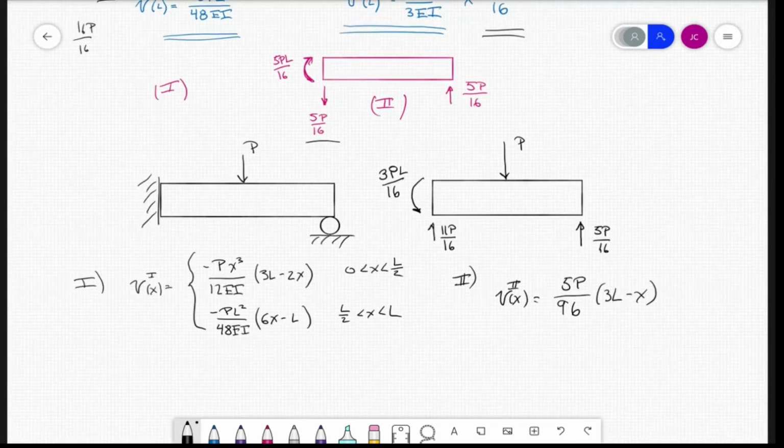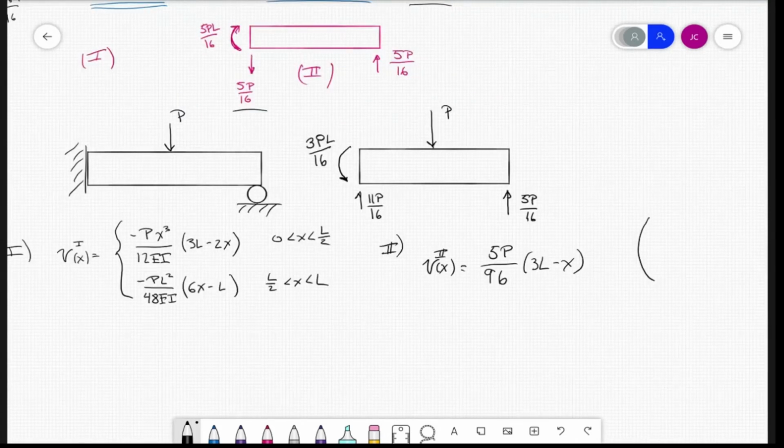Because really, if you look it up in the table, it's going to tell you that it's minus Px squared on 6EI, 3L minus x. This is from the table.